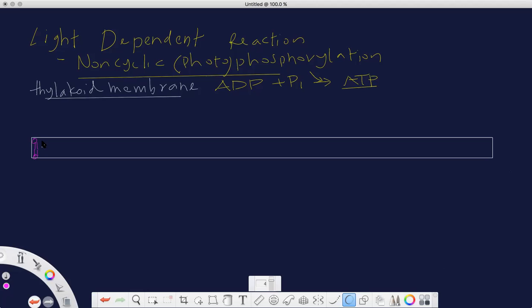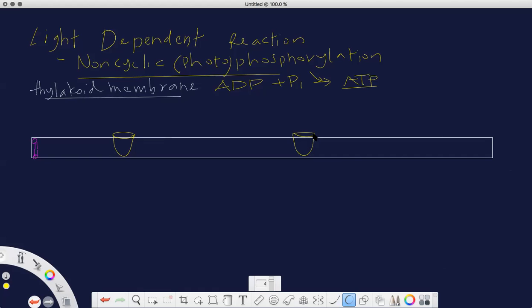So last week we learned about the photosystem. A photosystem is a collection of proteins and primary and accessory pigments. Right now I'm going to add one photosystem here. Okay, this represents one photosystem, and I'm going to also add the second photosystem at this place.